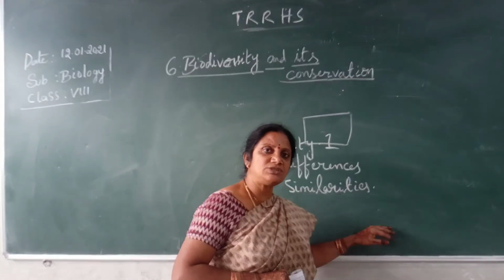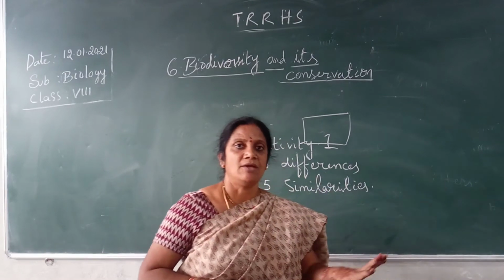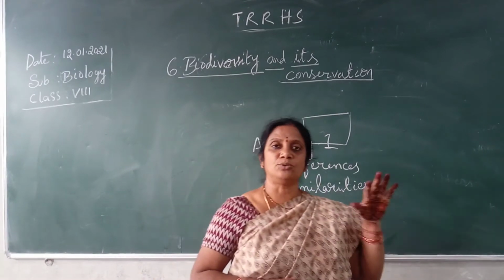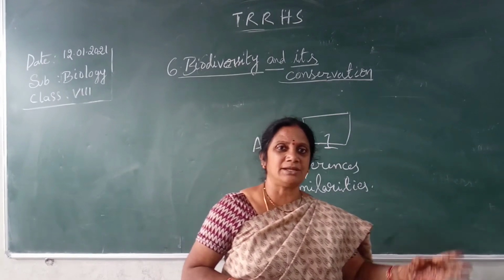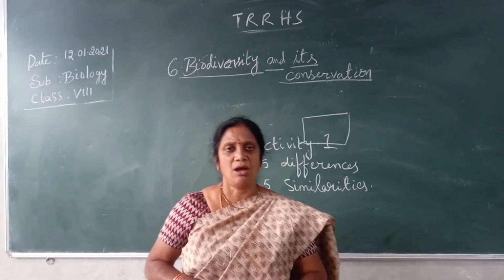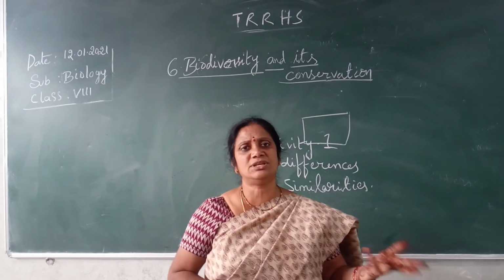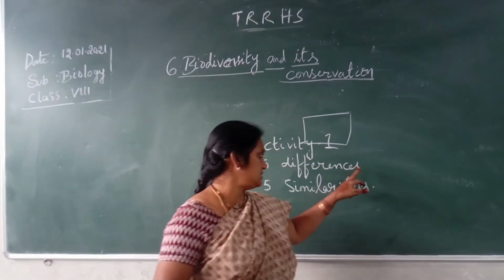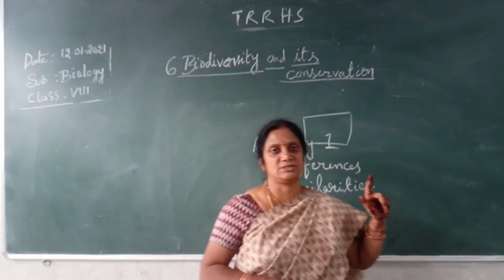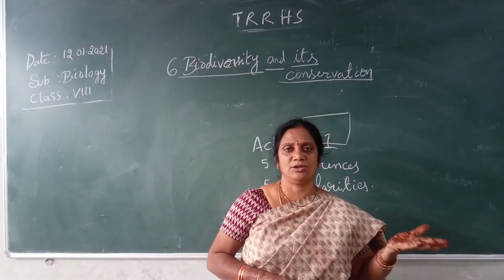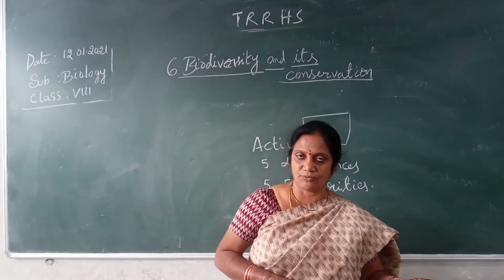Like that, you take any two animals, whether two dogs or two cats. Take your pet and compare it with a street dog, or take any two hens, and write down 5 differences and 5 similarities. Like that, you take two human beings, your brother, yourself or your friends.